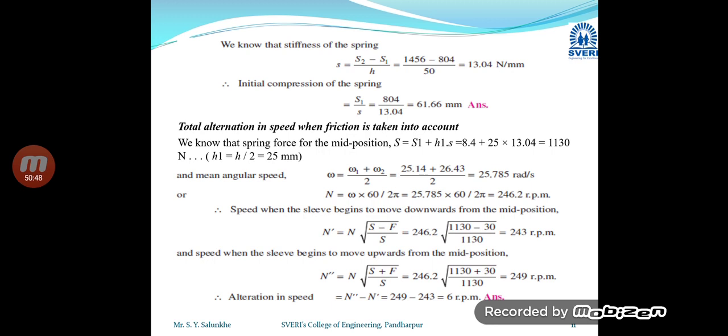Now the speed at which the sleeve begins to move in upward direction, that we consider as N double dash, is equal to N into root (S plus F) divided by S, and that will be equal to 249 rpm. So the range we have got for this speed, N double dash minus N dash, that alteration or range we have got as 6 rpm.